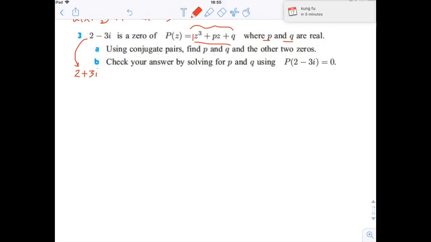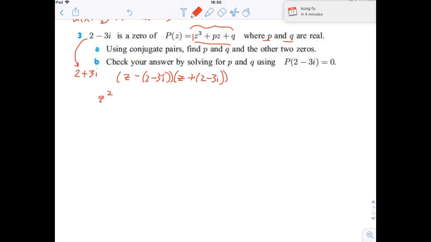So let's try to find out what p of z is going to be, okay? So let's say the first factor of p of z is going to be z minus 2 minus 3i, and the second factor is going to be z minus 2 plus 3i, I'm sorry, I did that wrong. Then we're going to expand this, and it's going to be z squared.